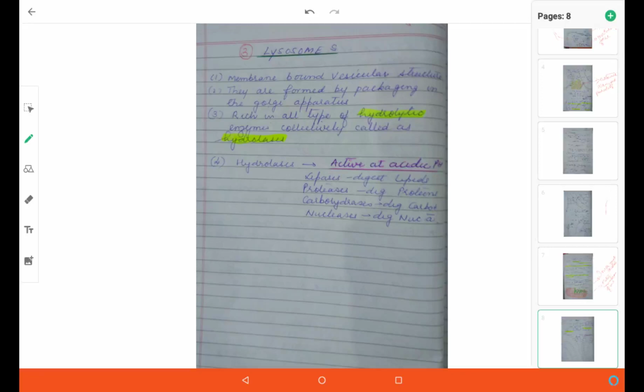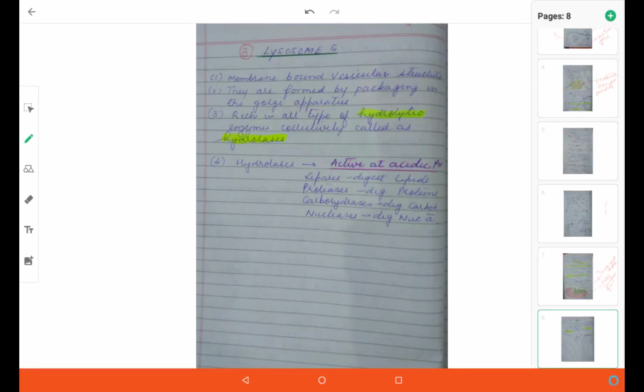The last organelle which we are going to study in this lecture is the lysosome. It's a membrane-bound vesicular structure formed by packaging from the secretions of the Golgi apparatus and rich in hydrolytic enzymes.